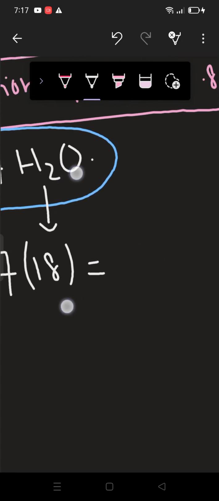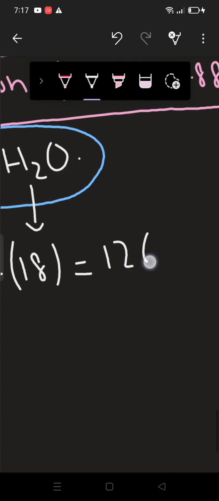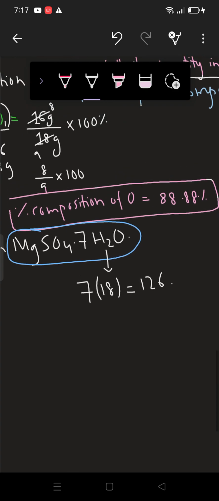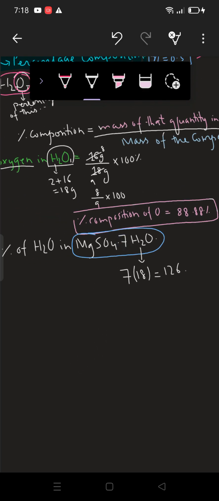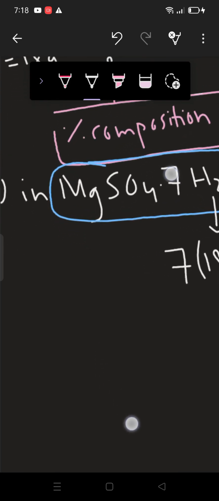It is going to give us 126, right? I need to take the mass of the 7 molecules of water as 126. So the mass we got here is 126.